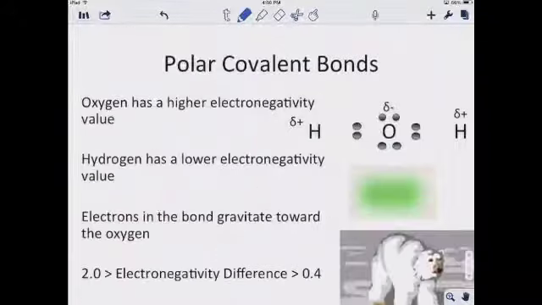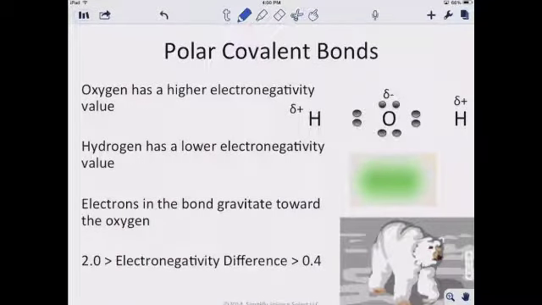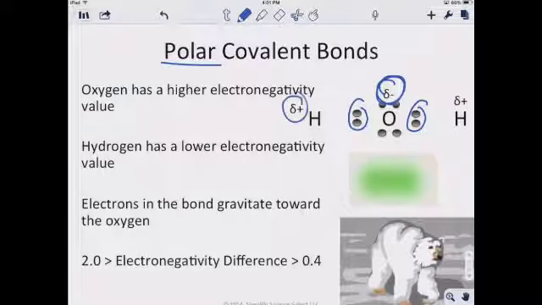And so when we're looking at this, we call this polar covalent. Polar meaning that it has a pole. So oxygen has a higher electronegativity value. Hydrogen has a lower electronegativity value. And so what we see is the electrons that are shared are pulled towards that oxygen, and it makes it polar, where we have a negative pole here and a positive pole there.